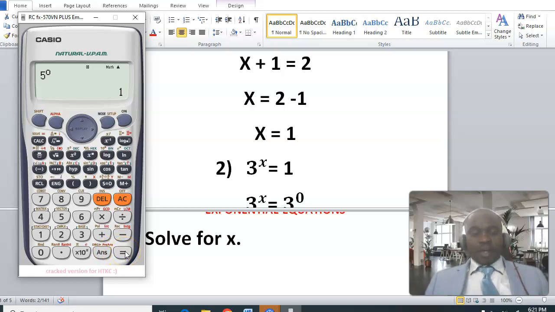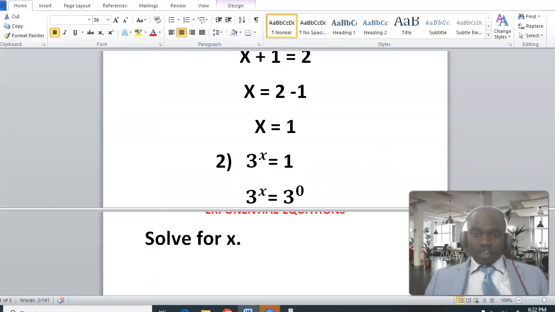So any number apart from 0 to the power 0 is what? 1. 20 to the power 0 is 1, right? But if I have 0 to the power 0, it will not be 1, because I said apart from 0. It gives you math error. Have you seen? So except 0 to the power 0, all the numbers to the power 0 will give you 1.